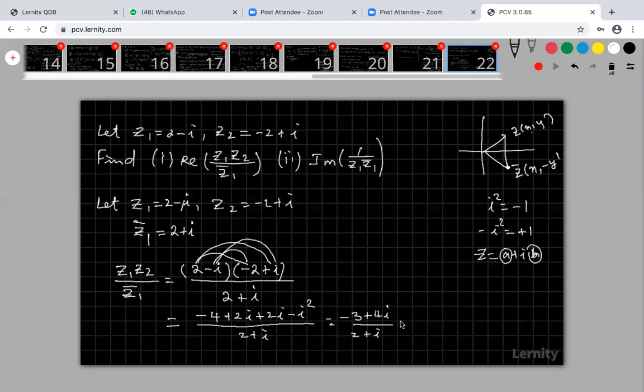So therefore, this is also a complex number, but it is not in the form of a plus ib. Then what to do, sir? If there is no denominator, this is the answer. This is in the form of a plus ib. If the denominator is also some complex number, it is not in the form of a plus ib. You have to multiply by the conjugate.